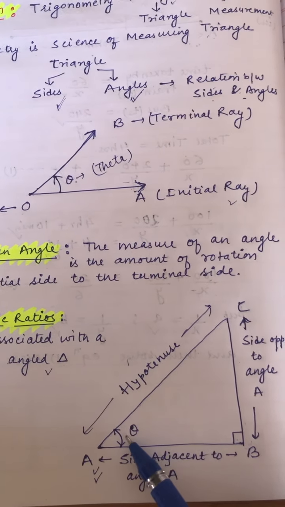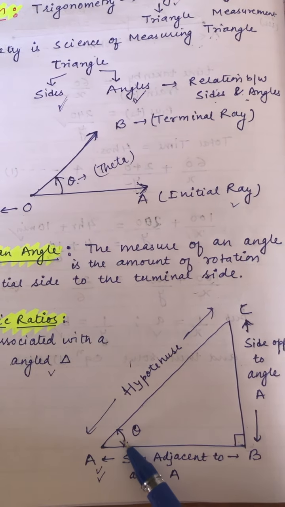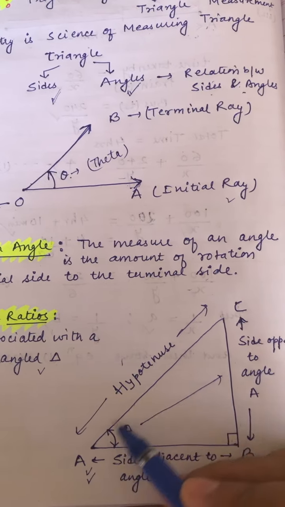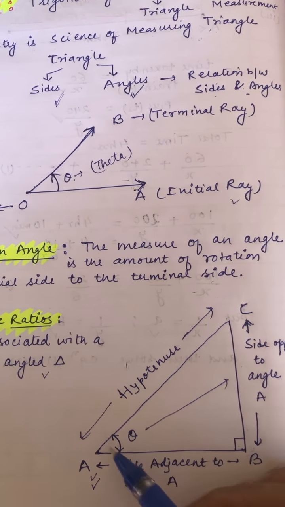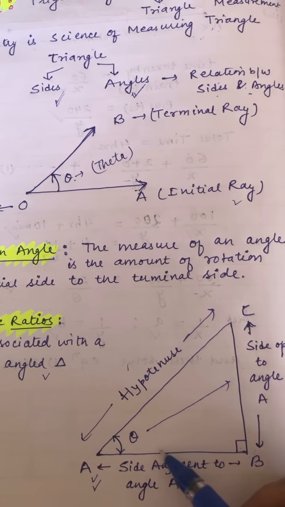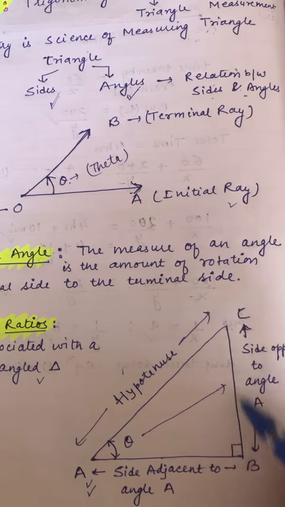Then the side which is not associated with this angle, because the hypotenuse and this base are associated with this angle, since the angle is formed between the hypotenuse and this side. So the side which is not involved in making this angle is this side, BC.